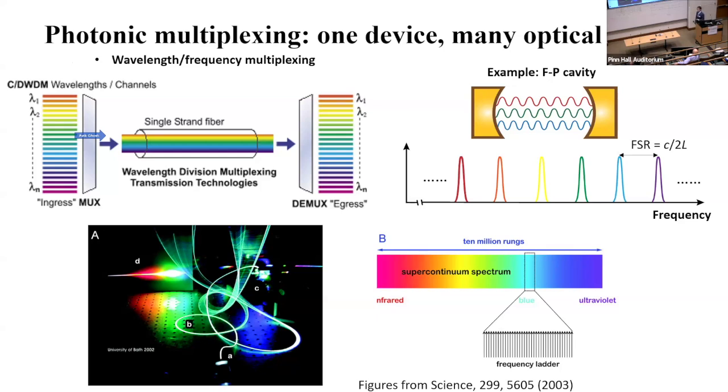You can have a few devices and generate thousands or even millions of qubits or Qmodes. Here's an example, a Fabry-Perot cavity, an optical cavity where light bounces back and forth inside, and it supports different wavelengths or frequencies when there is constructive interference. Even the simplest device that people learn at undergrad level in optics supports thousands of different frequencies. This is an example of how you use photonics to create lots of qubits or Qmodes.